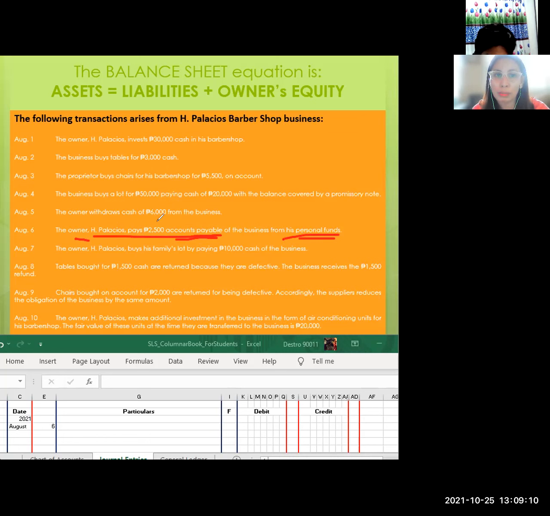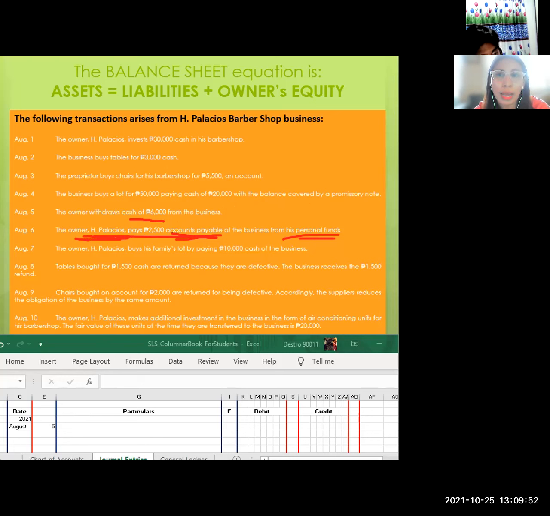Therefore, the capital of the owner H. Palacios will be used to lessen the obligation to other parties. Okay? So what are the accounting titles to be used? These are accounts payable and the owner's money, which is capital.